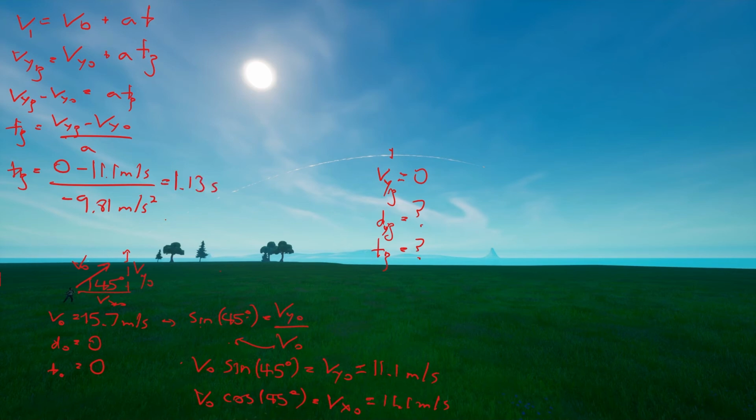Now, keep in mind and just remember through all of this that we used the vertical distances and vertical velocities to calculate this. We're not considering horizontal velocity at all right now. We'll do that next. Before we do that, however, we still need to calculate the vertical distance of the peak. And that will use a new kinematic equation, which is v1 squared equals v0 squared plus 2 times acceleration times distance.